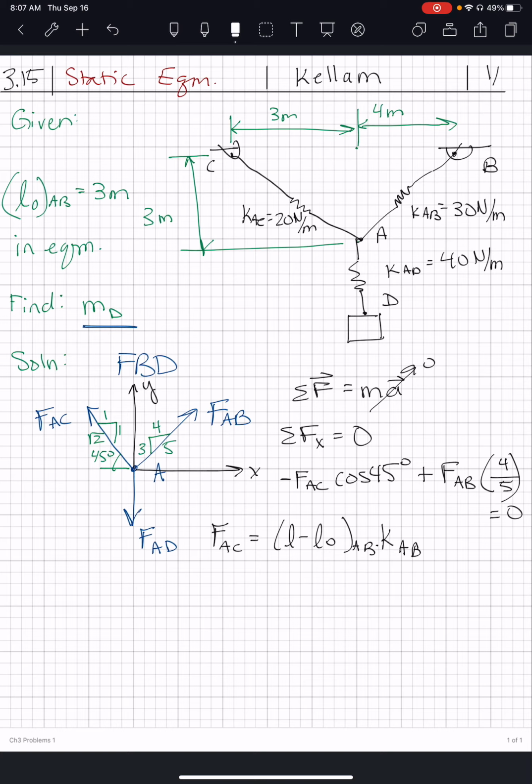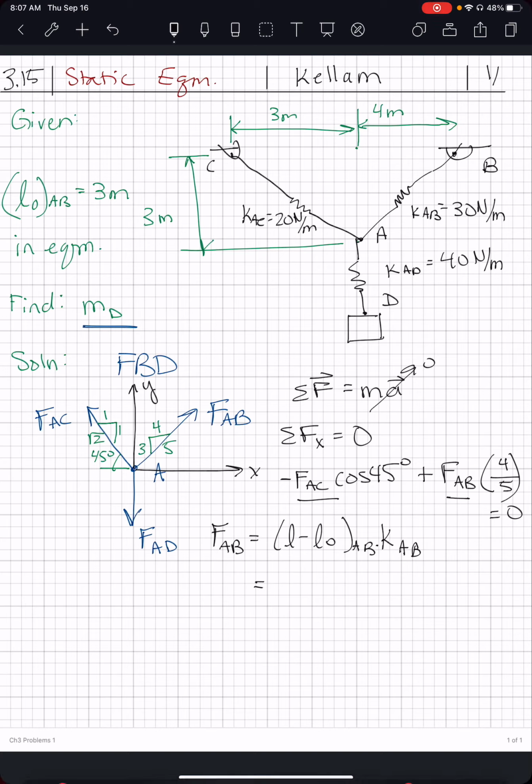They give us the unstretched spring length, and we know the actual length as it is right now in equilibrium, so we can find that force of AB, which is one of the unknowns in the formula up here.